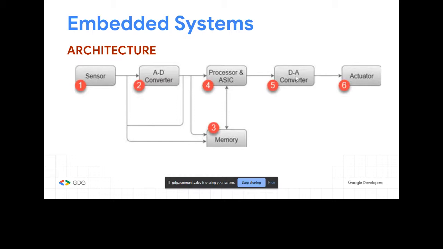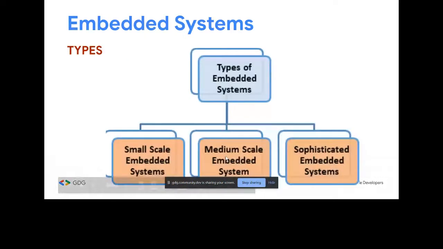After the architecture, we find the main types of embedded systems. The first one is the small scale embedded system, which is the smallest one, and in it we can find 8 to 16-bit microcontrollers.